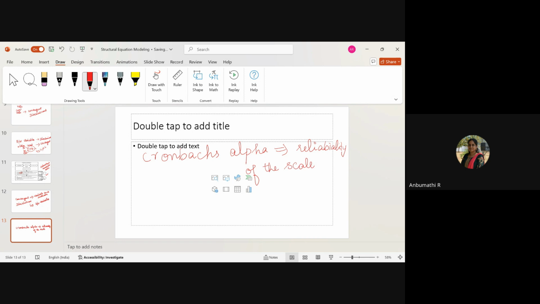In addition to Cronbach's alpha, we do have composite reliability. Yesterday, we were discussing composite reliability, right? Do you remember about that? So what does composite reliability mean?